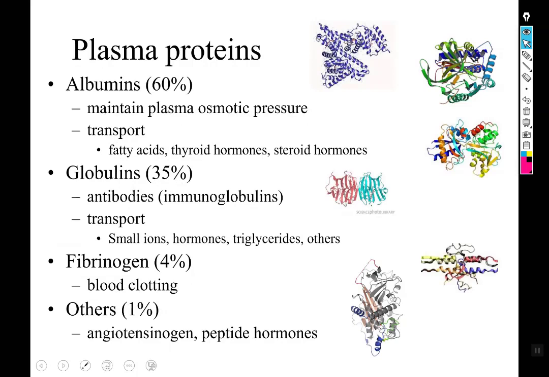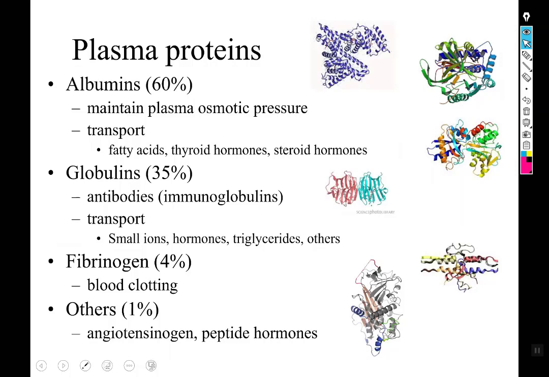So albumins as a group maintain the colloid osmotic pressure of the blood, and they're also little sticky taxis for various hormones. So fatty acids, which are of course insoluble in water, as well as thyroid hormones and steroid hormones, are transported, some of them, on albumins. Globulins are about 35%, and these are primarily antibodies.